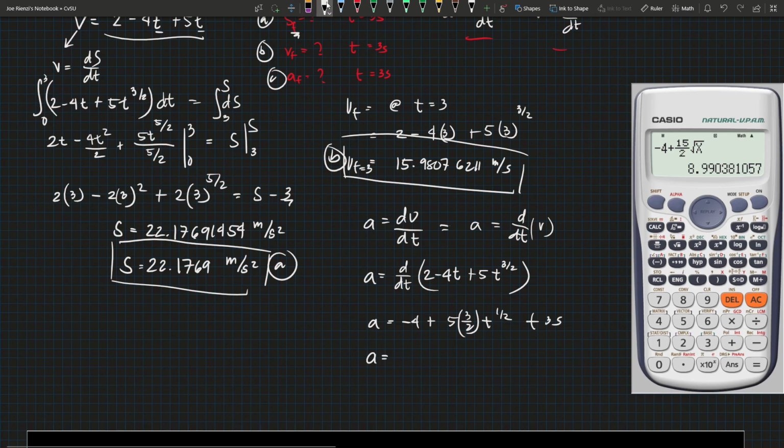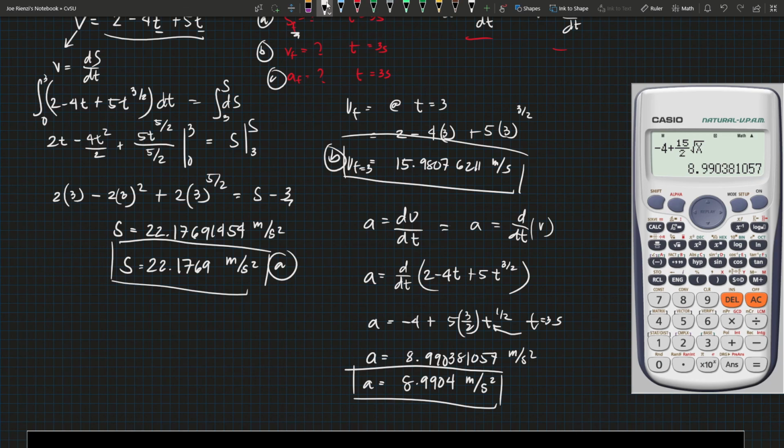So equal siya dyan. Substitute nyo dito. And then, syempre, makuha natin is 8.9904. Or actually, yan. Ano siya? 381,057. So ako, susulat ko sa answer sheet is 8.9904 meters per second squared. So ito yung ating acceleration at time 3 seconds. It's instantaneous.